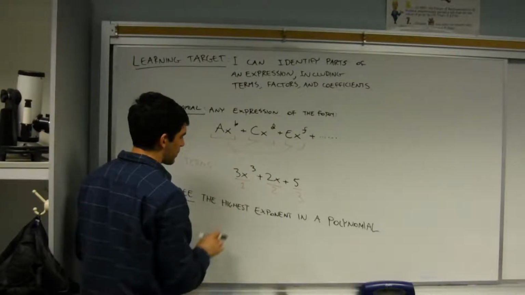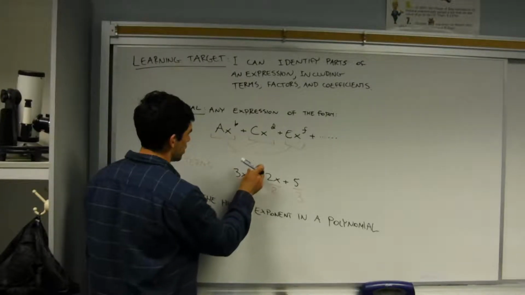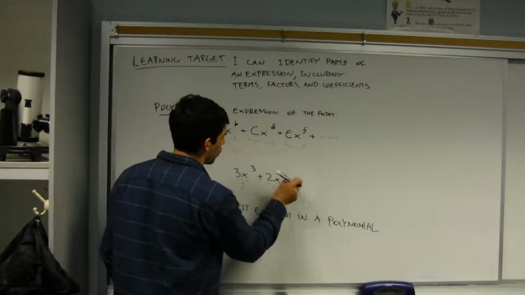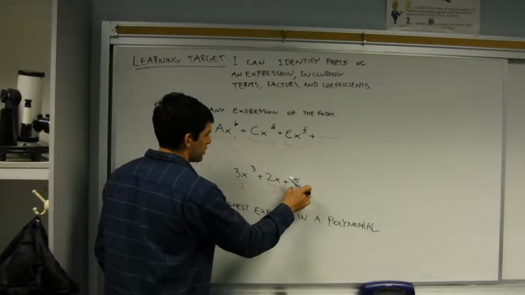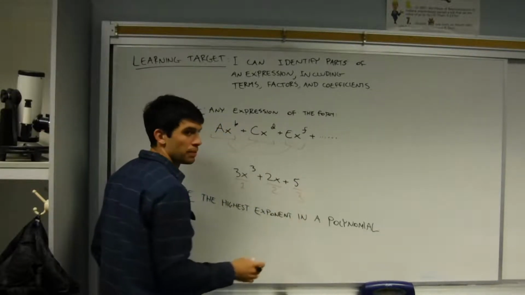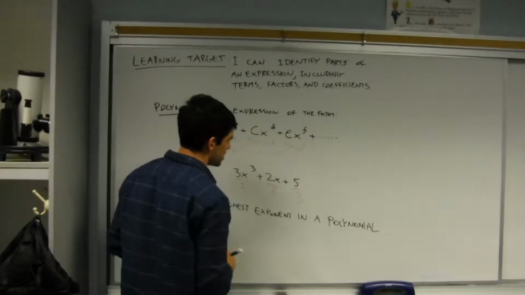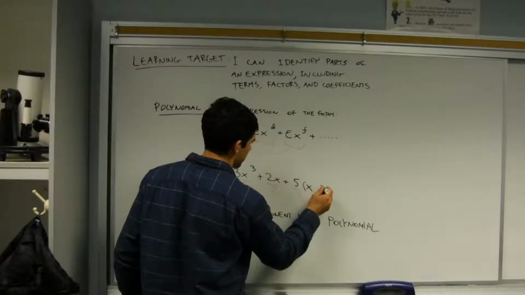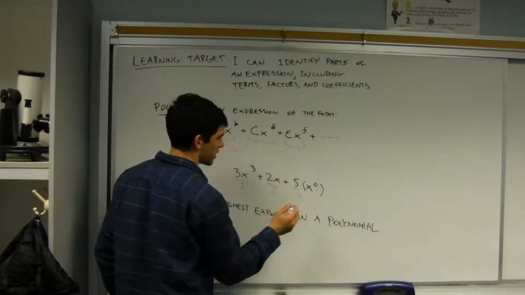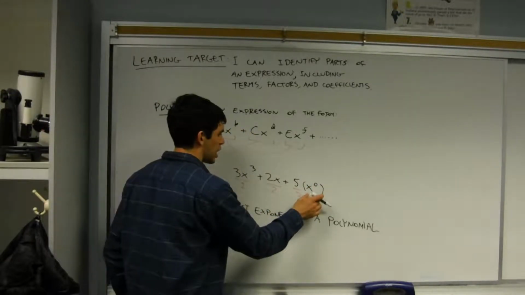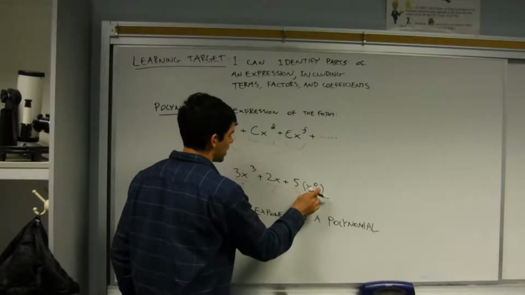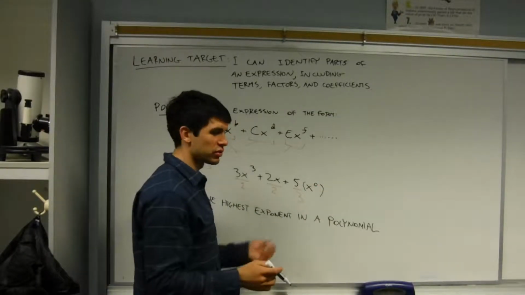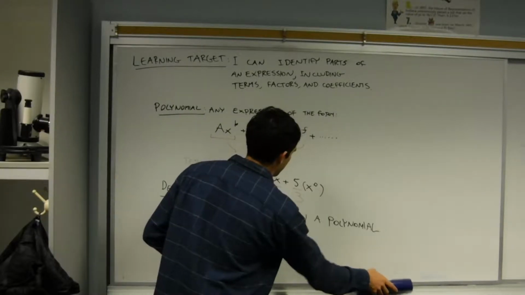And in this example, our exponents are 3, 1, and then this is what we call a constant term, and this would have an exponent of 0, because if we wanted to, we could imagine that there's a term x to the 0th, and any number to the 0th power is equal to 1, so that's why we just got 5.